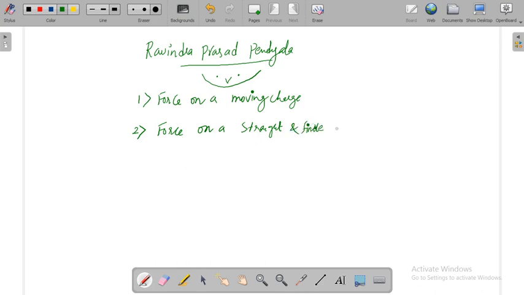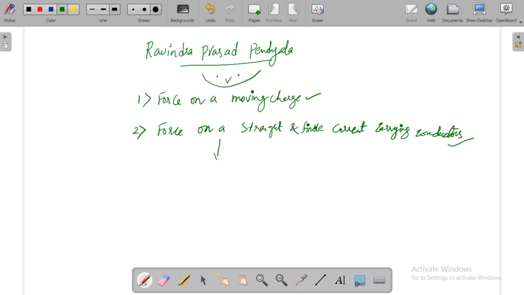These two we have seen in the last two videos: the force on a moving charge in a magnetic field, and the force on a straight and finite current carrying conductor in a magnetic field.